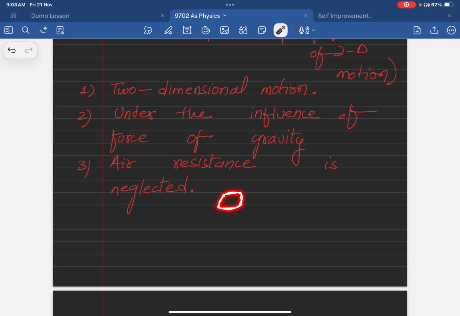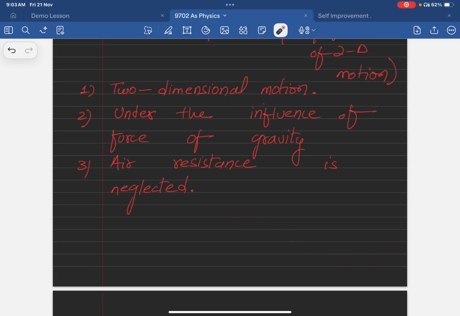suddenly the engines fail. If the engines fail and we say that air resistance is neglected, the motion of the aeroplane will look like this, a distorted one. If air resistance is neglected and the engines fail, then the motion of the aeroplane also becomes a projectile motion.